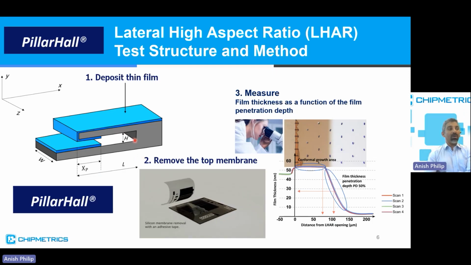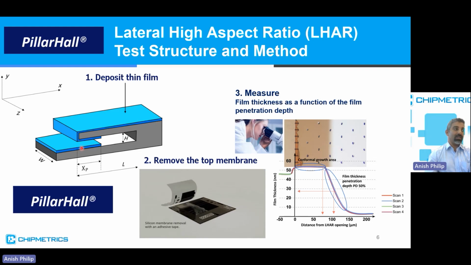How does this work? Here is a schematic illustration of the PillarHall chips after ALD or CVD deposition. So this is the PillarHall chip, and this blue area represents the deposited film. Here is the top roof membrane of the PillarHall, and you can see also a film grown on the top roof.